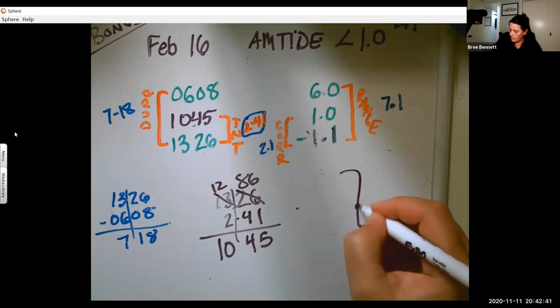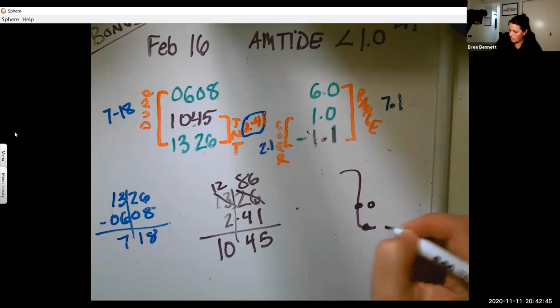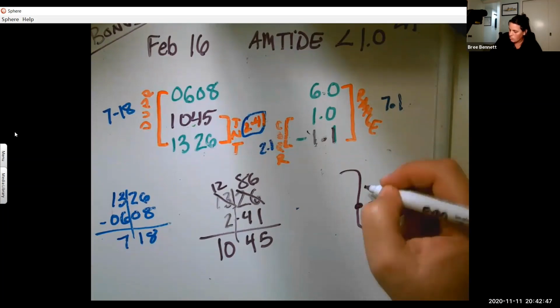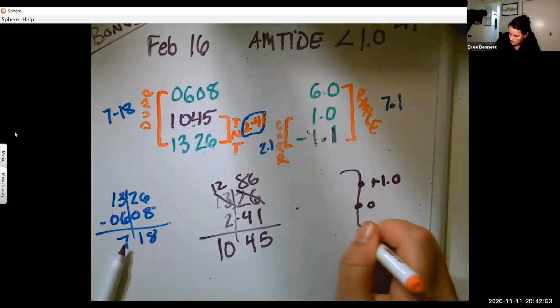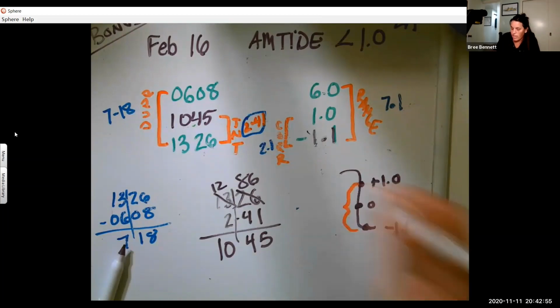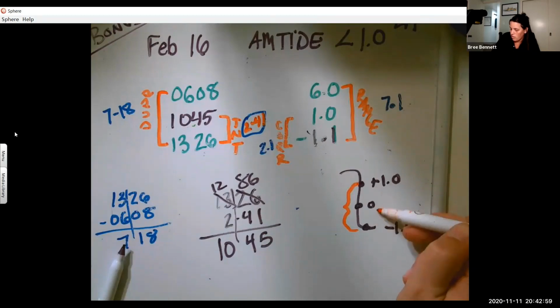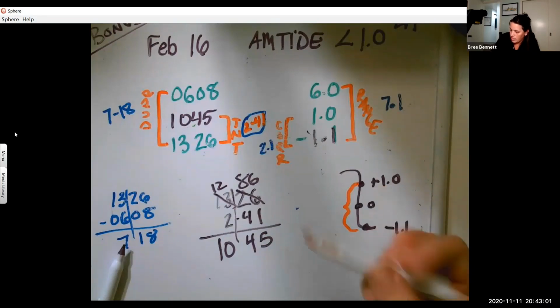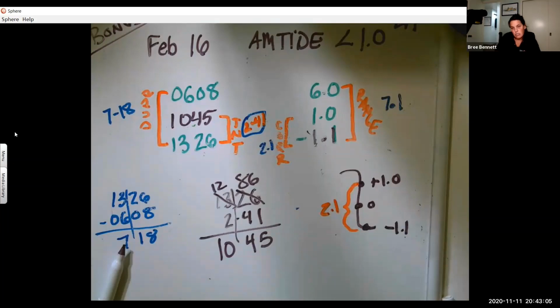So if we had 0, here was our negative 1.1, and we want to get to a positive 1. What is the correction that I have to get to that tide? So we have 1.1 and 1 to get a correction of 2.1. Okay, thank you.